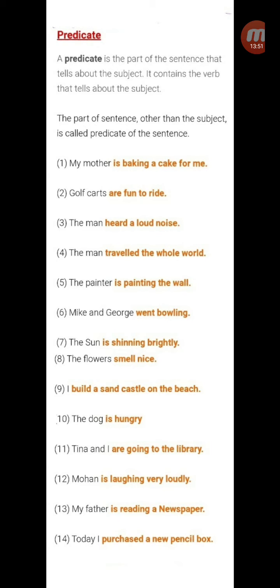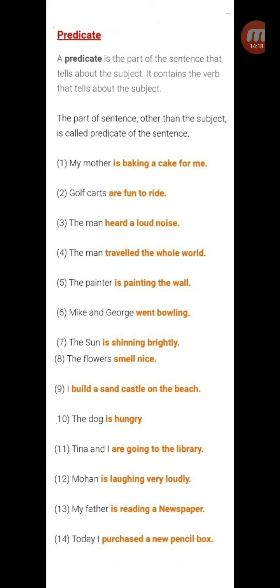The sun is shining brightly. What is shining brightly? The sun. The flowers smell nice. What smells nice? Flowers. I built a sand castle on the beach. Who built a sand castle on the beach? I. The dog is hungry.